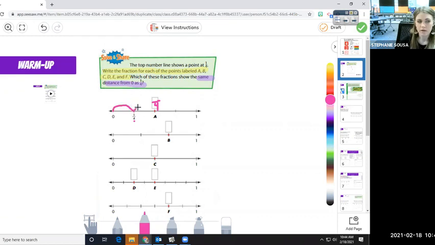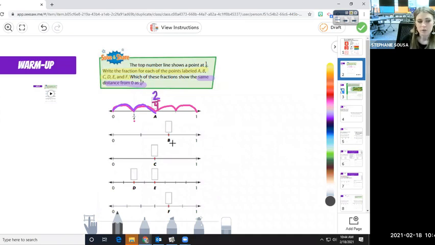There are 1, 2, 3, 4 hops on this number line. So sure enough, my denominator remains a 4. My numerator happens after 2 hops. 1, 2. So this fraction is 2/4. 2/4. Okay?